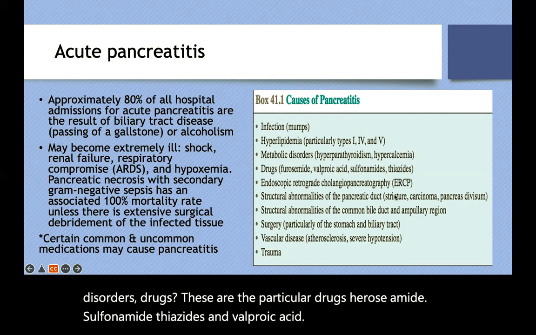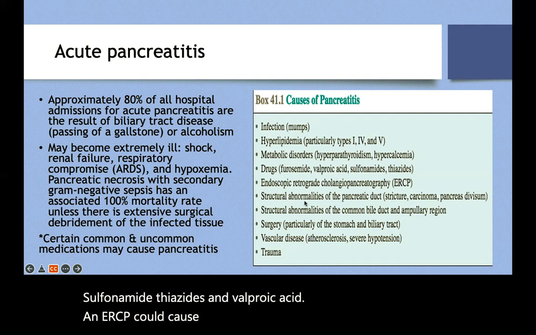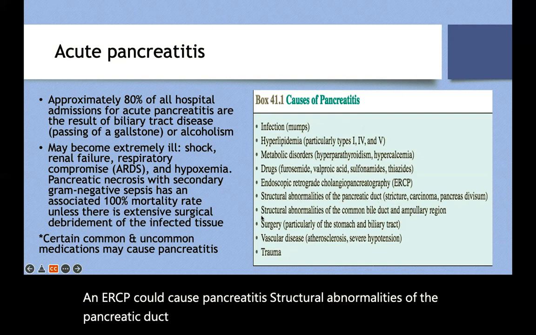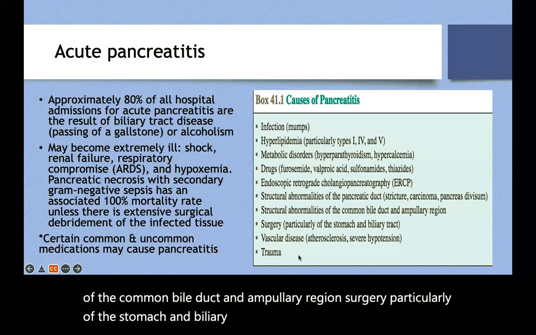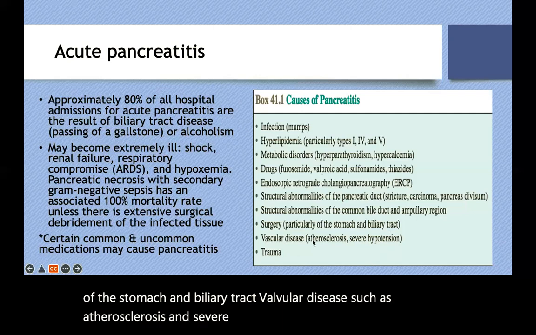An ERCP could cause pancreatitis. Structural abnormalities of the pancreatic duct, structural abnormalities of the common bile duct and ampullary region, surgery, particularly of the stomach and biliary tract, vascular disease such as atherosclerosis and severe hypotension, and then, of course, trauma.